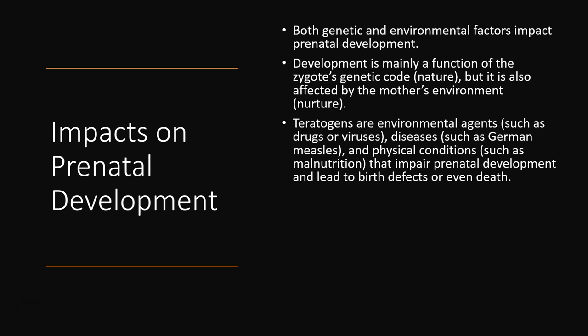Things that can be dangerous or can cause negative impacts from the environment are referred to as teratogens. These can be agents like drugs and viruses. It can be diseases like German measles. It can be physical situations like not having enough nutrition.